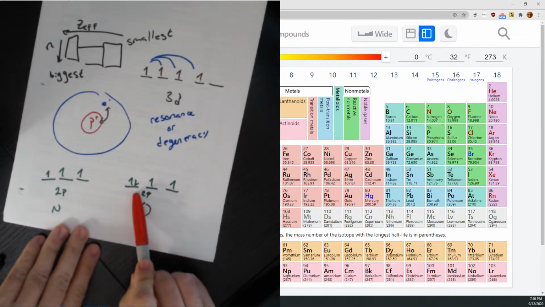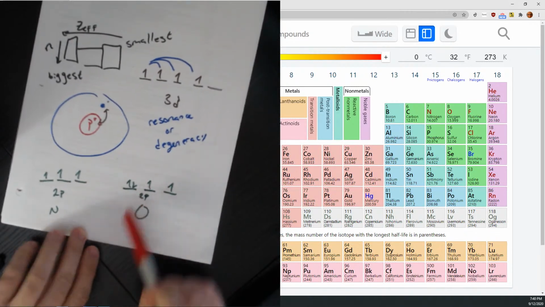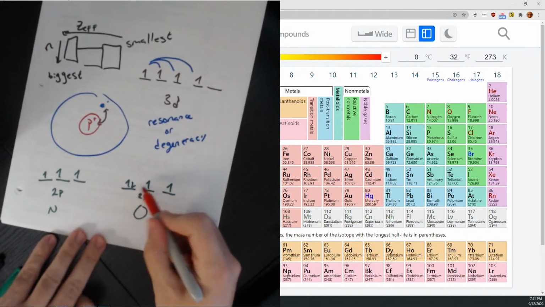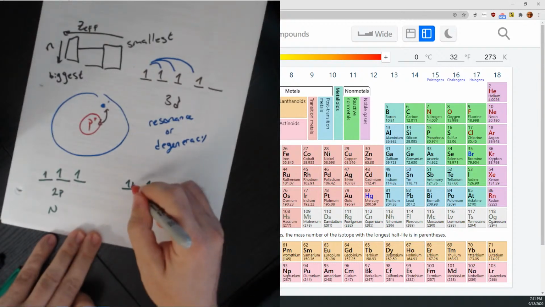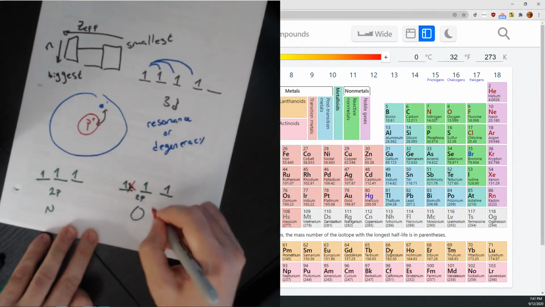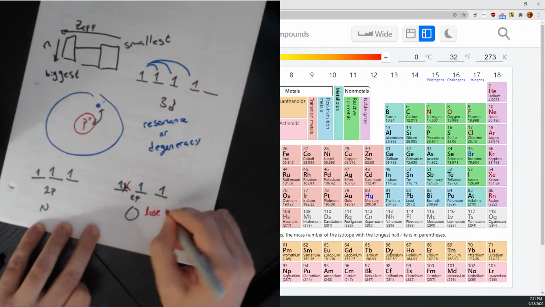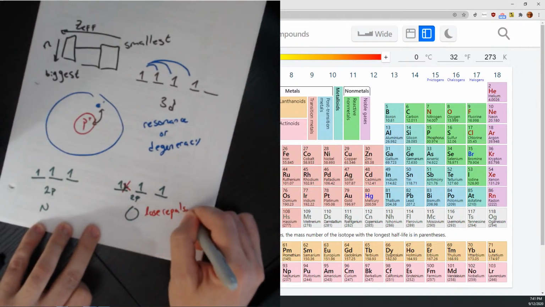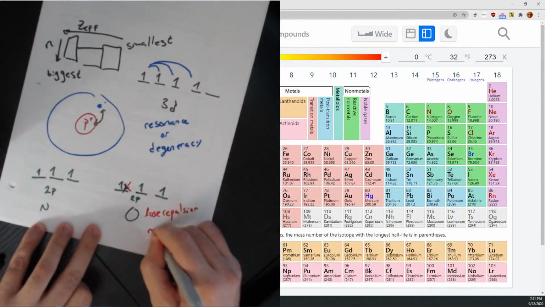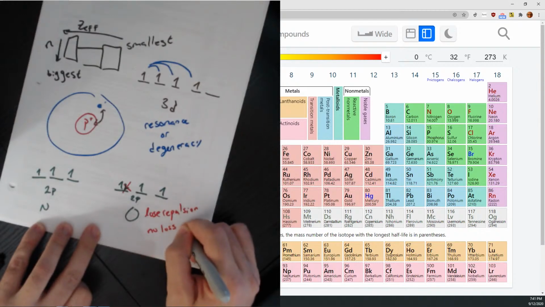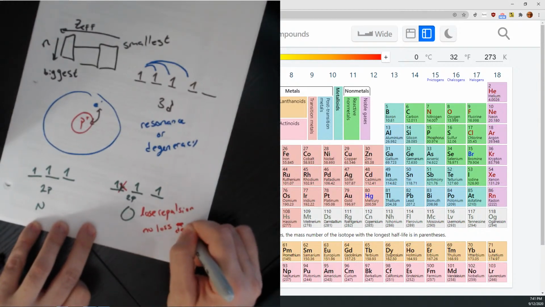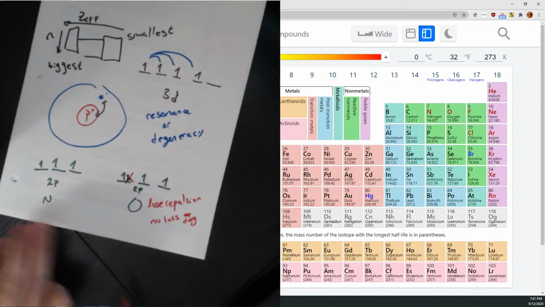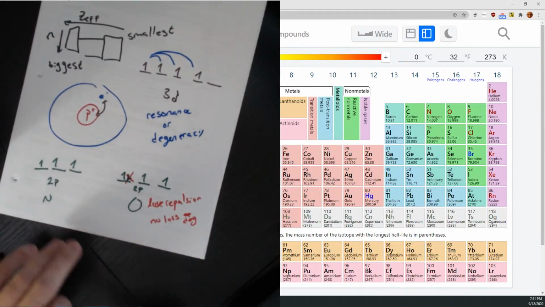But taking an electron away from oxygen, well, this electron has no resonance to speak of. So you're just removing repulsion. You're losing repulsion, no loss of, call it degeneracy. Whereas nitrogen, you wouldn't really be losing that repulsion.